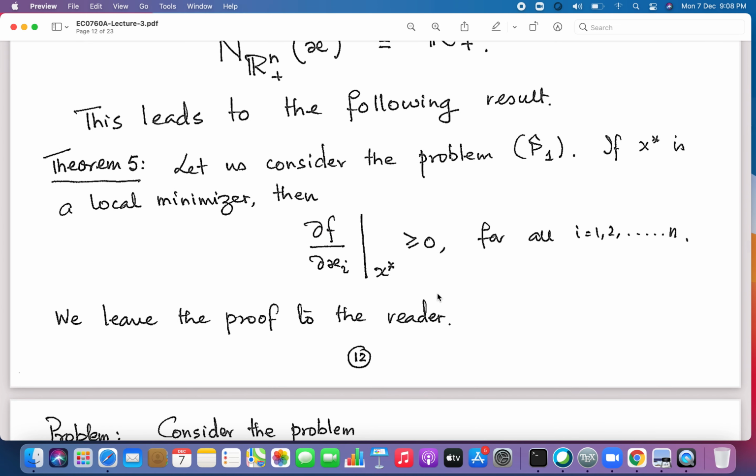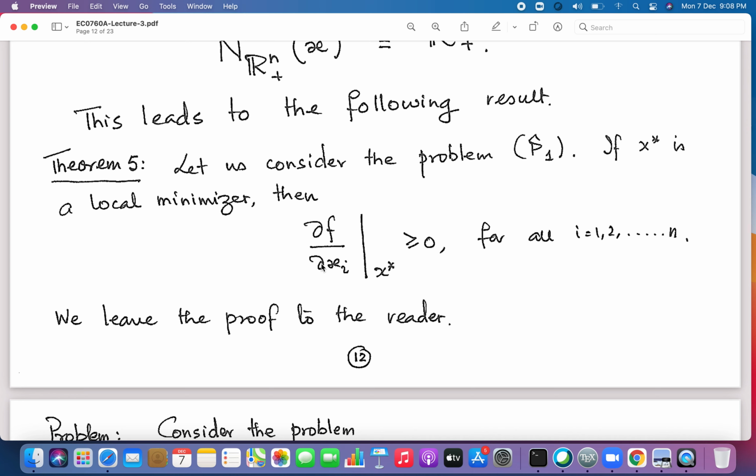So in general, for the problem P1 hat on Rn, this is the optimality condition: all the components of the gradient of f at x star, the partial derivatives del f del xi, are non-negative. That is, grad of f at x star is an element of Rn plus.